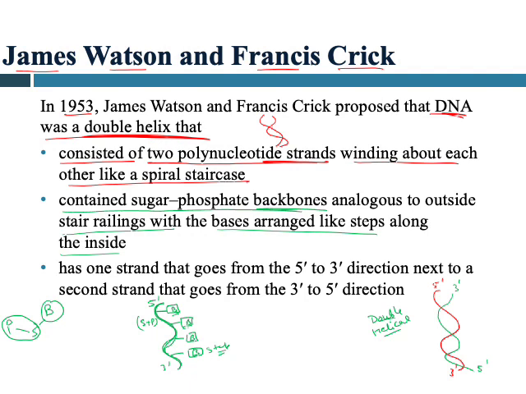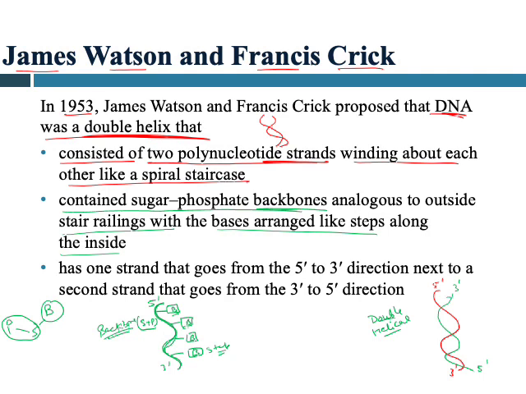So always remember this: in the DNA double helical structure, the backbone is formed by sugar and phosphate. Backbone, right? And the bases are coming out from the polynucleotide chain. So what does that mean? It looks something like this.